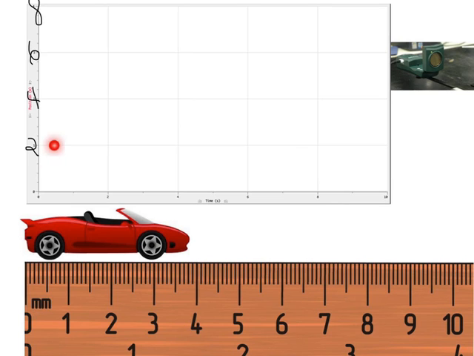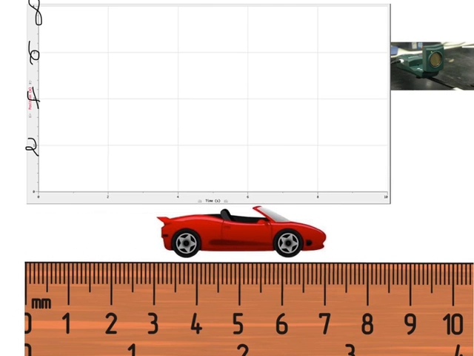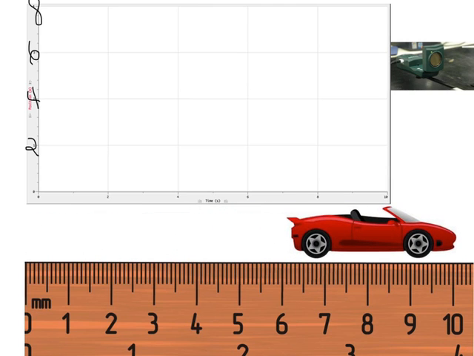On this axis is how far the car went, and on this axis we have how long it took to get there. So for instance, when you did this, you saw that as you walked away from the motion detector, a graph was drawn that looked maybe something like this.